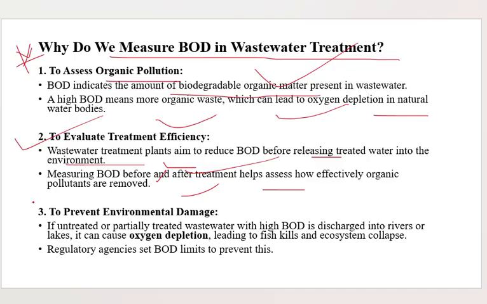Then, to prevent environmental damage. If untreated or partially treated wastewater with high BOD is discharged into rivers, lakes, or any other water body, that can cause oxygen depletion, which will lead to the death of fish and other aquatic organisms present in that water body, and then the ecosystem will collapse.